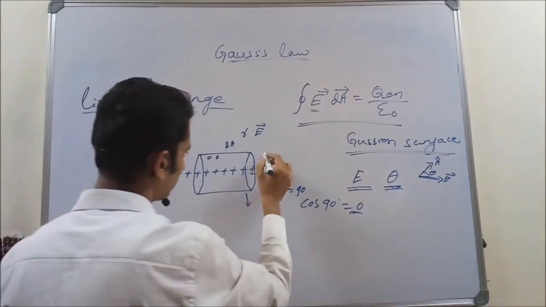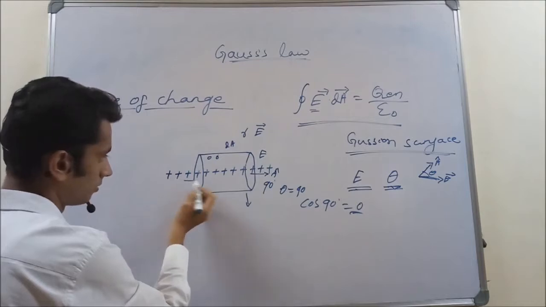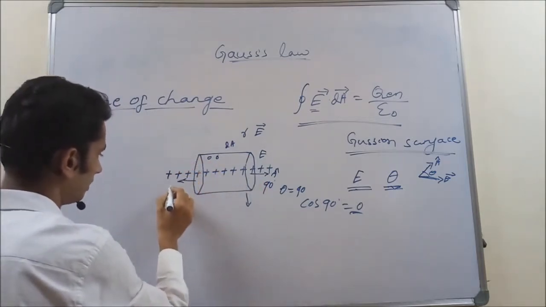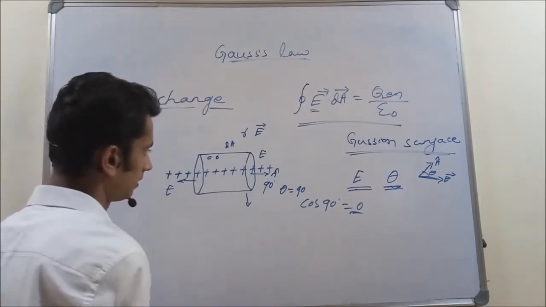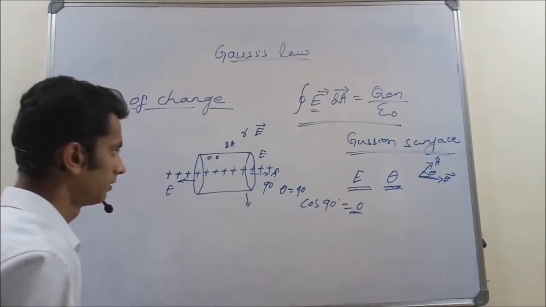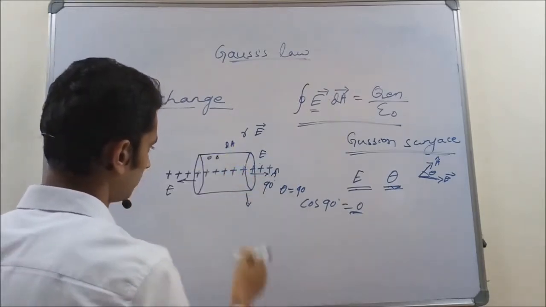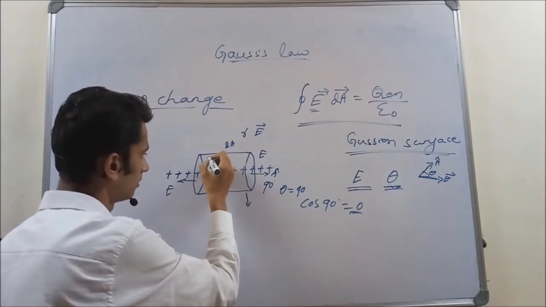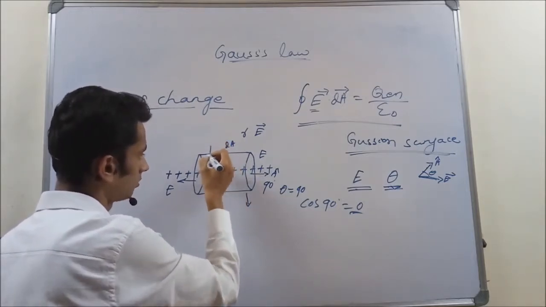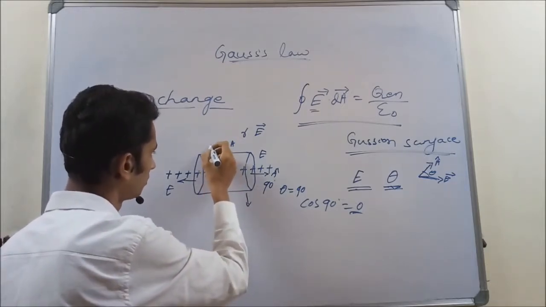So here the electric field is constant in this flat area also. Here also the same. So here the electric field is constant and theta is also constant in the flat area. In the curved area, theta will be constant because in the small areas the lines of force will pass normally through the surface, and the area's direction will also be normal to the surface.